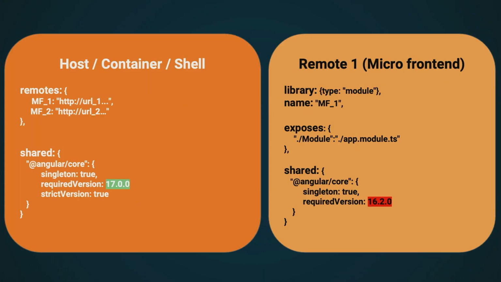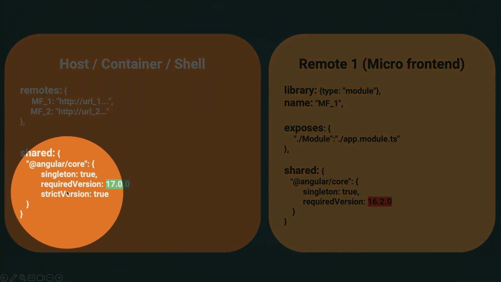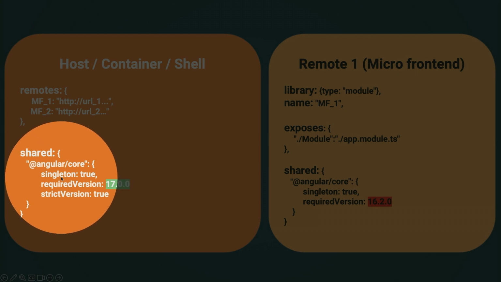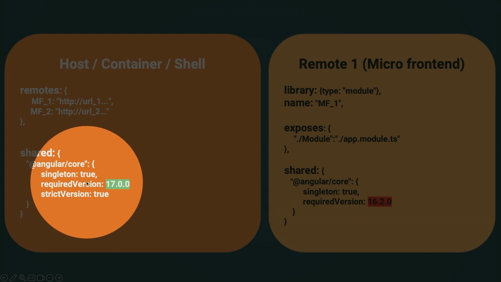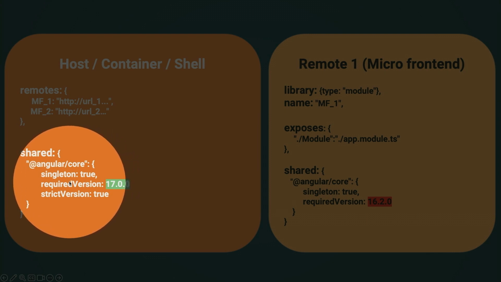You have another part in the configuration, that is the shared part. Here we define our shared libraries. So we want to share Angular, for example Angular Core, and we define here the property singleton: true. That means that we want to load Angular once. That's what we want, because the application is very slow with web components, and with this tooling we can load it once.